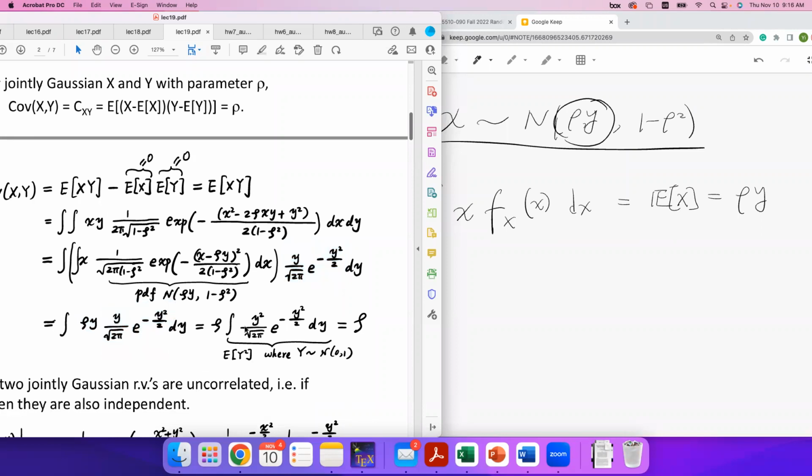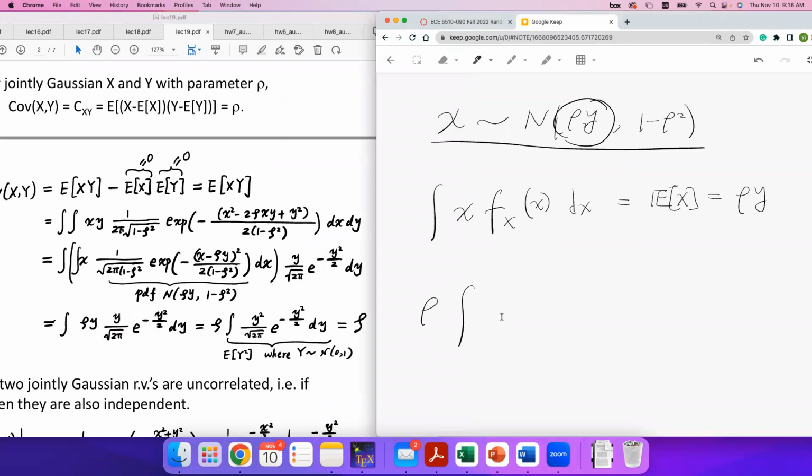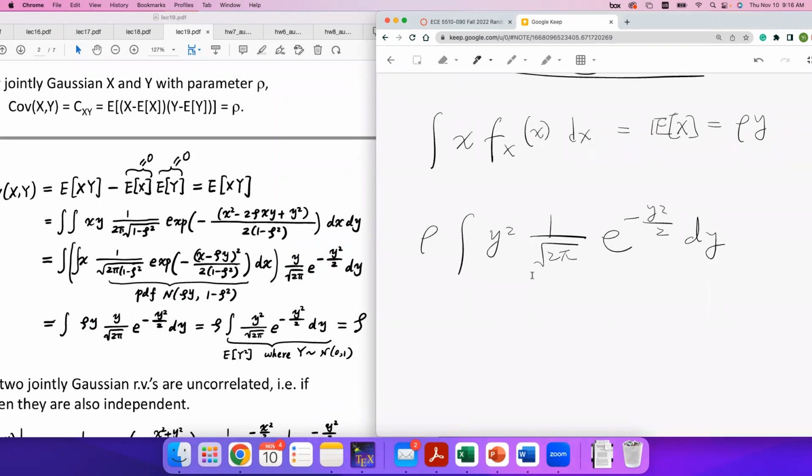Now you simplify this part, and you can write it as a standard Gaussian PDF. So we have rho times the integration of y squared times 1 over square root 2 pi times the exponential. This is a standard Gaussian PDF, zero mean and unit variance. But the integration of y squared times the PDF dy is basically the expectation of y squared.